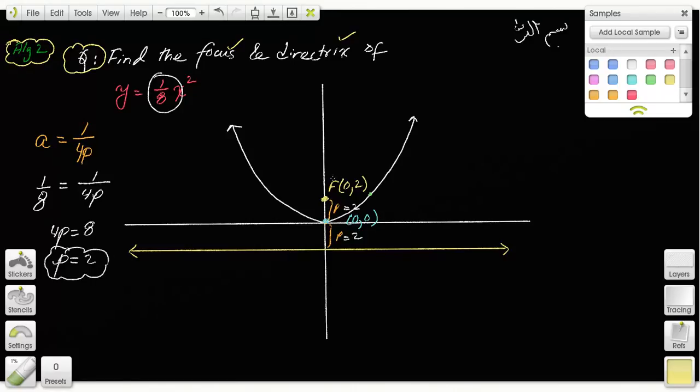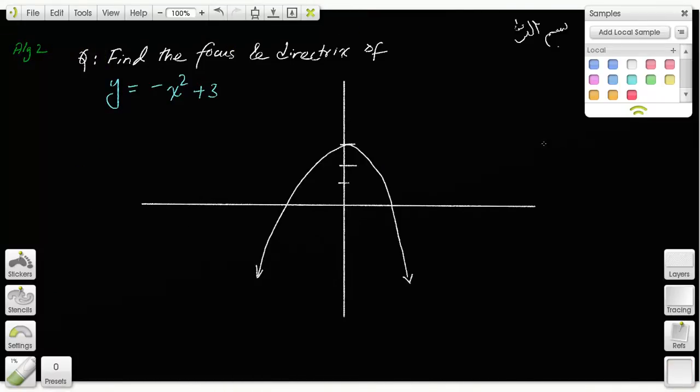So that's the focus. Ta-da. And the directrix is going to be 2 below the vertex, so this is 0, this is going to be -2, and the equation for the directrix is going to be y is equal to -2. So there we have it. That's what we were asked to do, and we found it. That's the directrix, and this is the focus, 0 and 2.